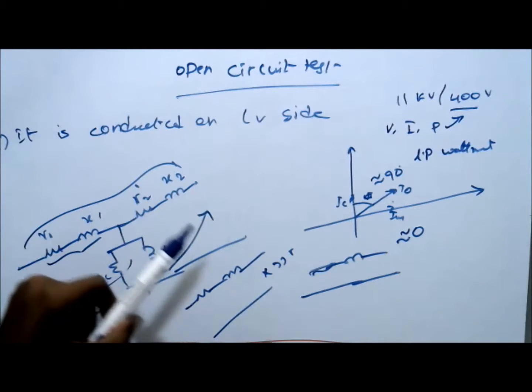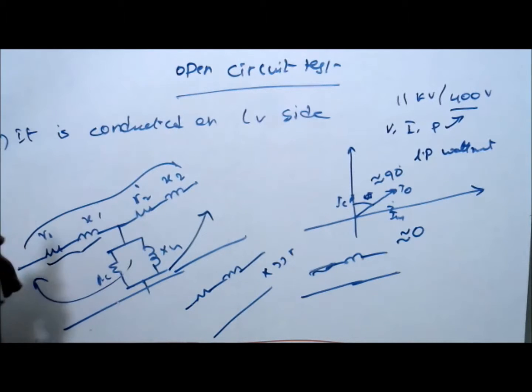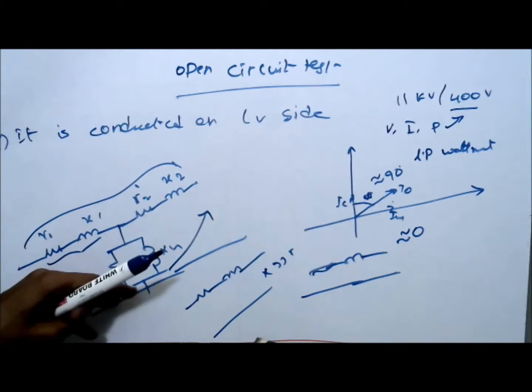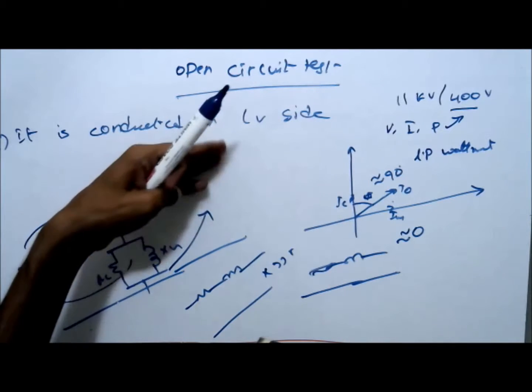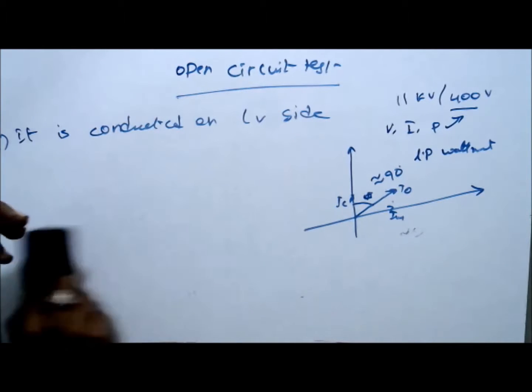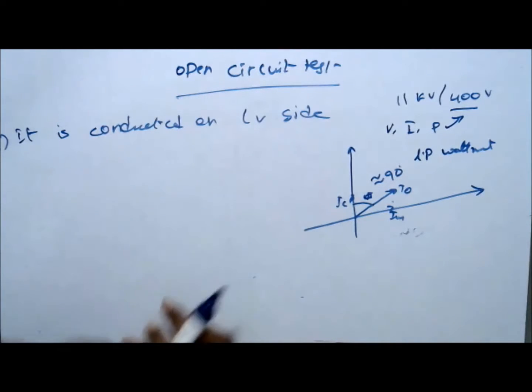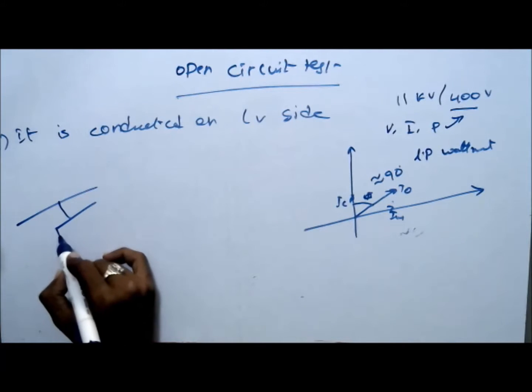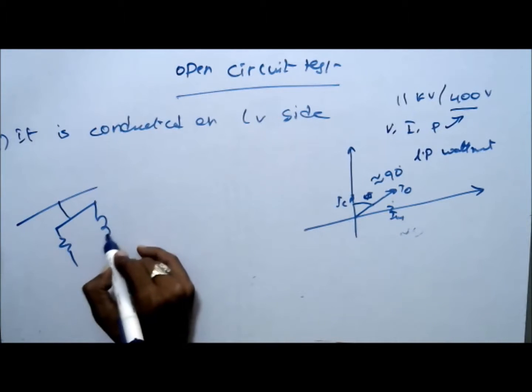Now, why do we neglect these two parameters and get only the shunt branch parameter in the open circuit test? Here in the open circuit test, the secondary is open circuited. This is the approximate equivalent circuit we have got.